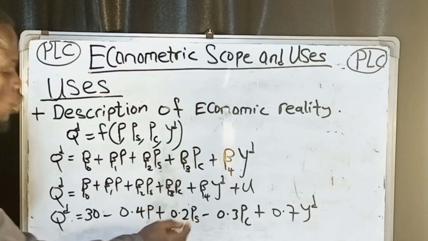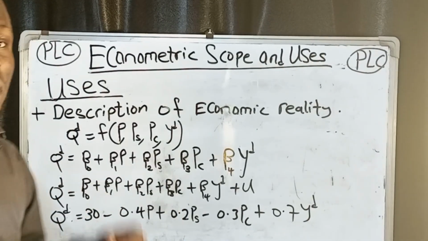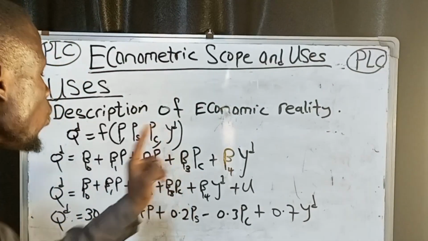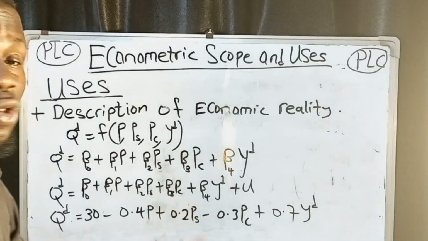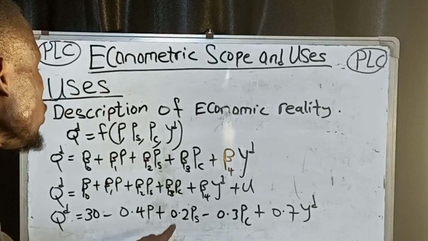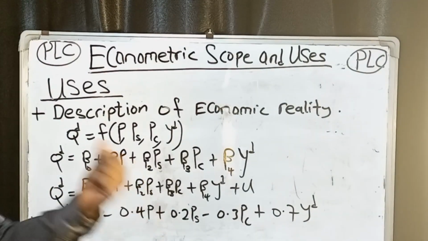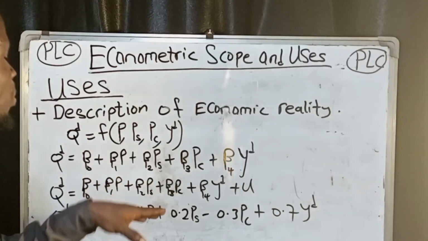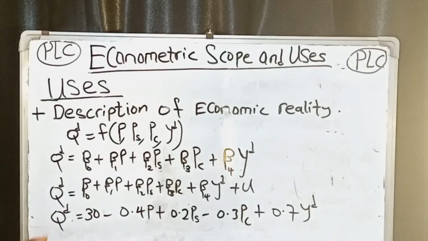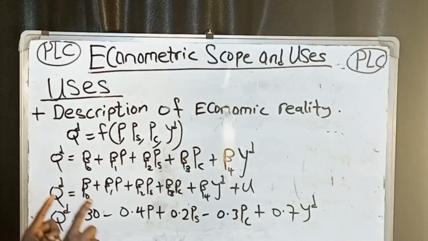And this 0.2, which is the coefficient of the price of the substitute, is stating that for every one increase in the price of the substitute, there's a 0.2 increase in the quantity demanded of the commodity. That is, there's a 20% increase in the quantity demanded of the commodity.